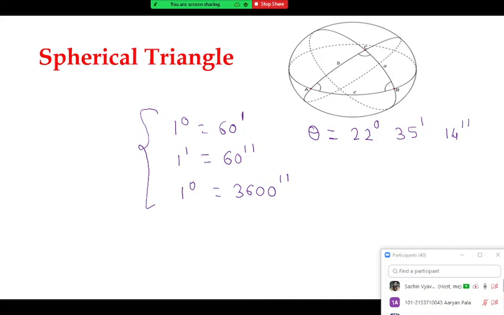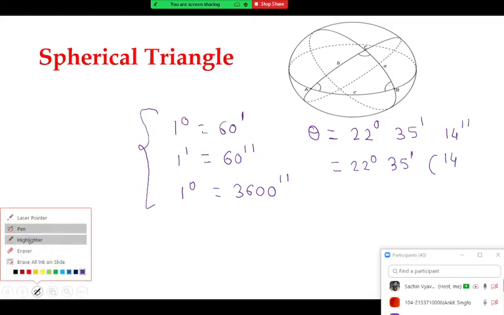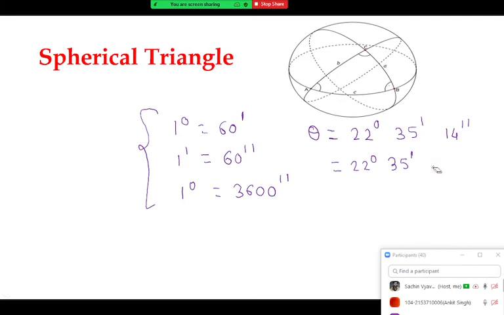Can you tell me 14 seconds means how many minutes? How can you get it? 0.23. Okay, 0.23. Good. So we are converting those seconds into minutes.